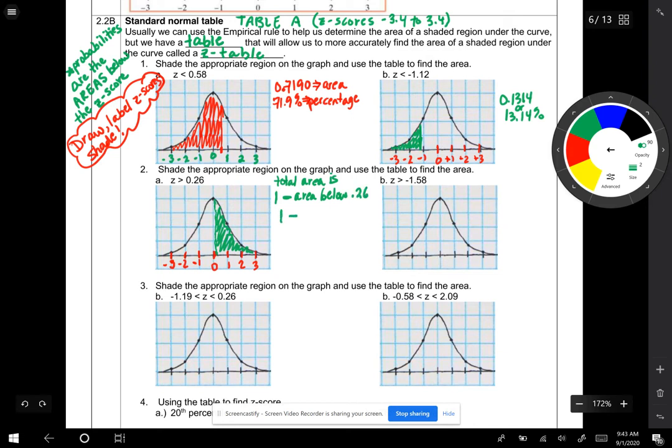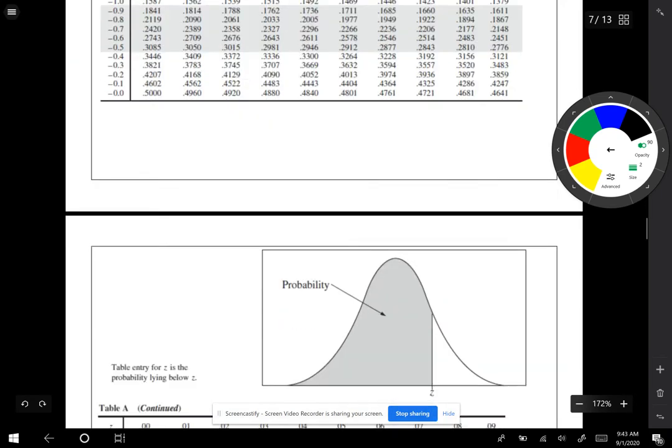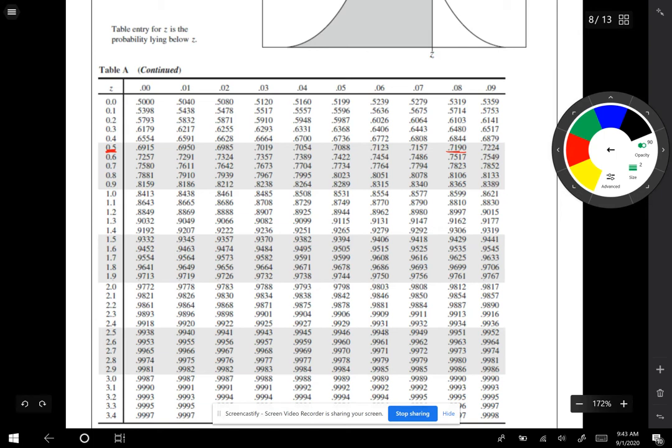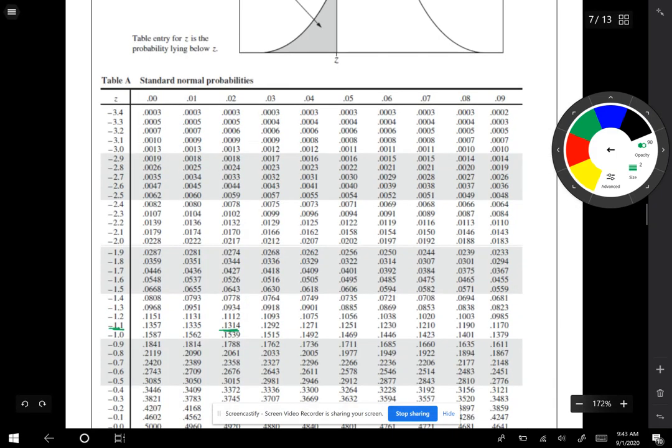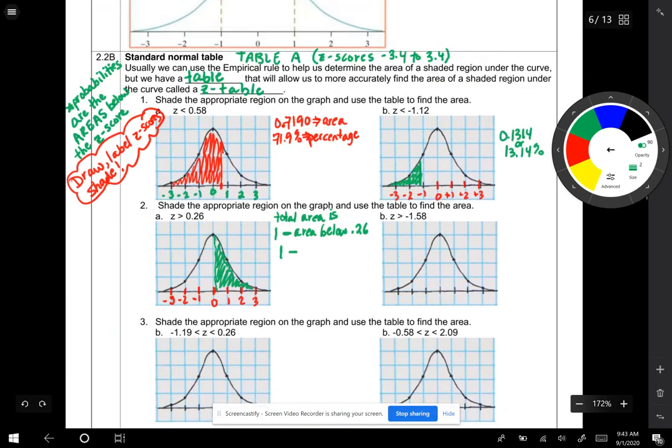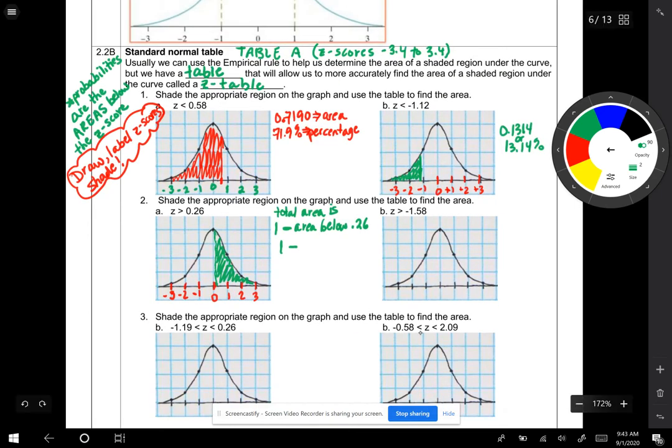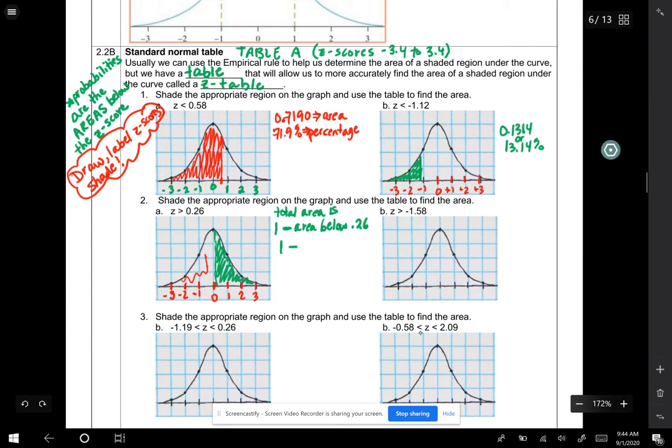What we want to do right now is go find 0.26. Here is 0.2, and so that's 0.6026. Now, if you wrote that down as your area, you're basically just telling someone that this is your answer. But that's not what we want. We want it to the right. So we don't want to just get the values from the table.